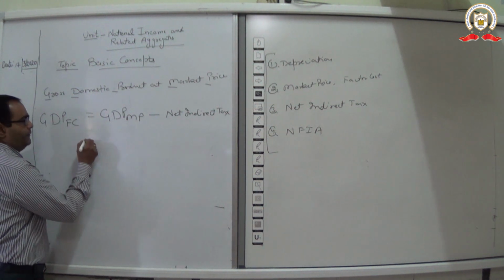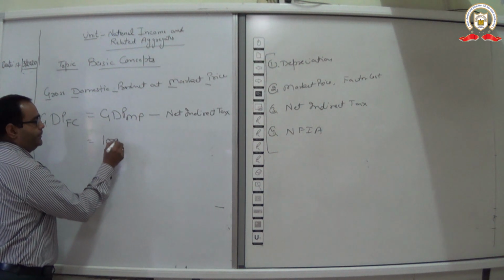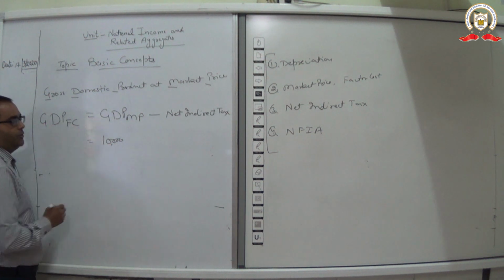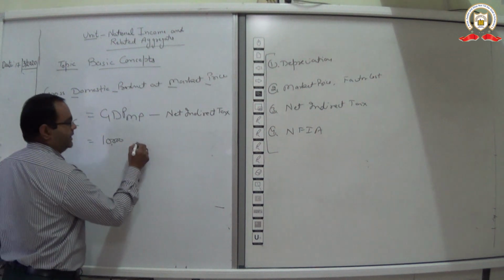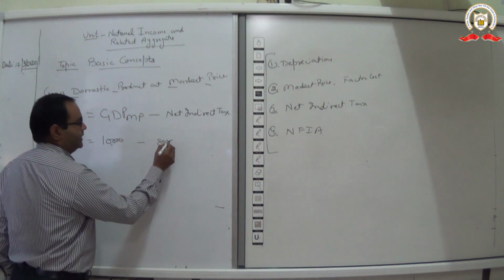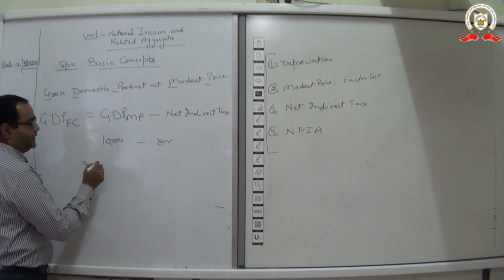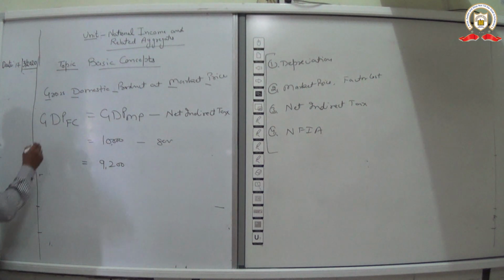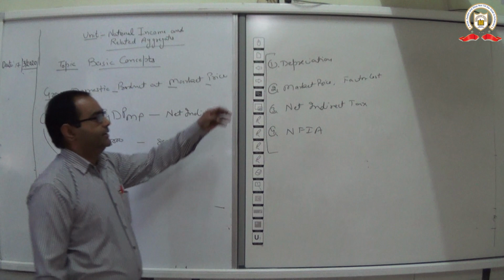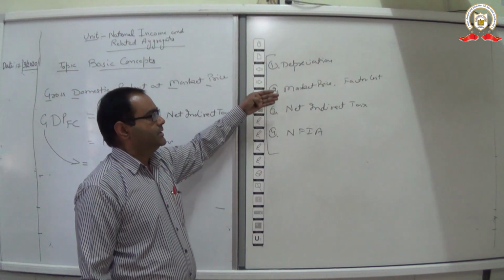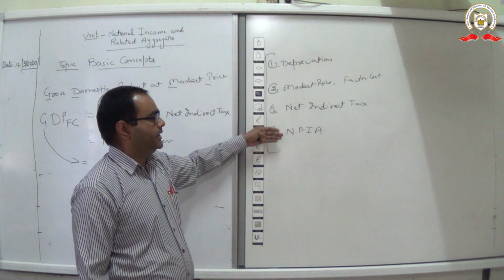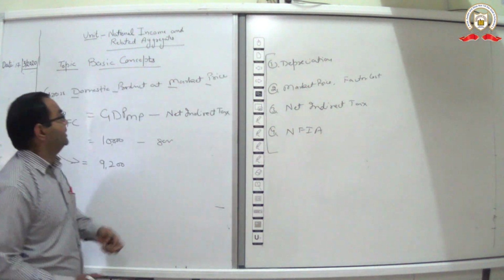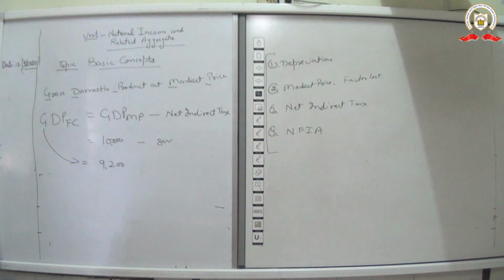So suppose the value of GDP at MP is 10,000 rupees and the value of net indirect tax is 800 rupees. Then the amount of 9,200 rupees will be termed as gross domestic product at factor cost. So these basic concepts, depreciation, market price, factor cost, net indirect tax and NFI, are required to understand the concepts of aggregates.